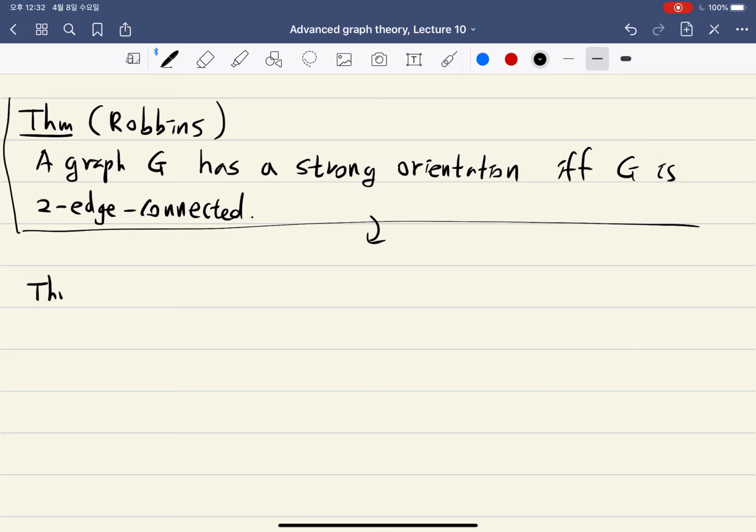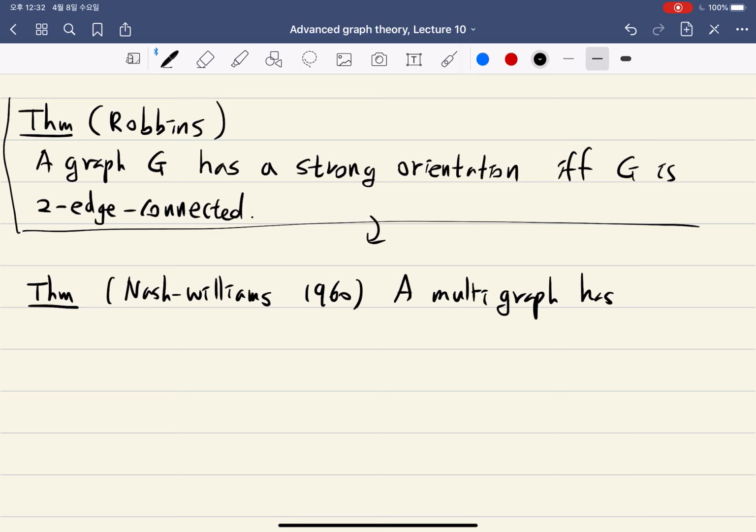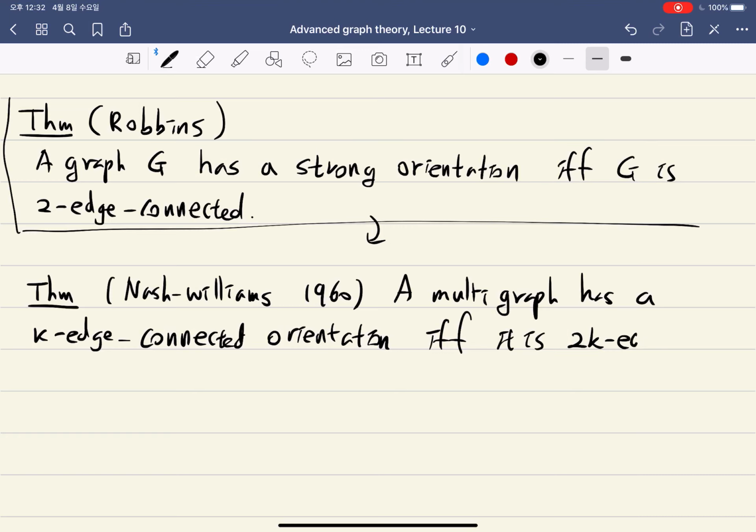What we want to prove is the Nash-Williams orientation theorem, saying that, let's consider a multigraph. A multigraph has a k-edge connected orientation if and only if it is 2k-edge connected.